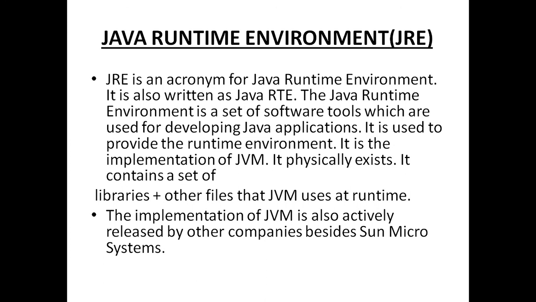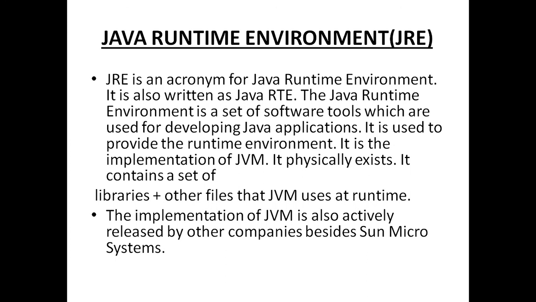It is the implementation of JVM. JVM means Java Virtual Machine. Some memory is also there, where JRE is stored. It has a physical existence, which means you can see that memory. It contains a set of libraries plus other files that JVM uses at runtime.